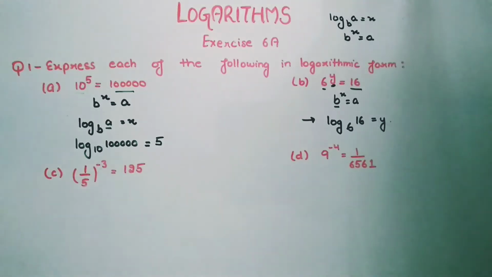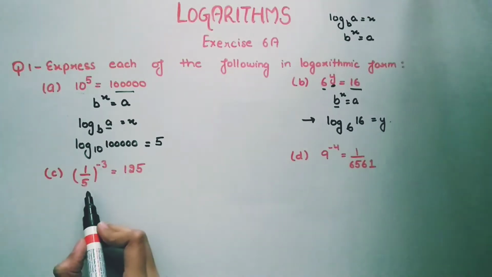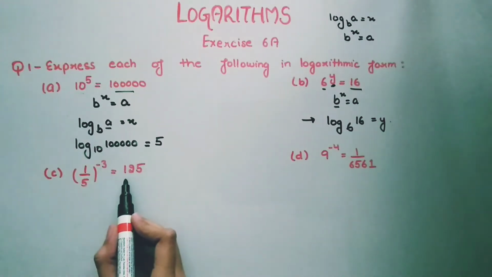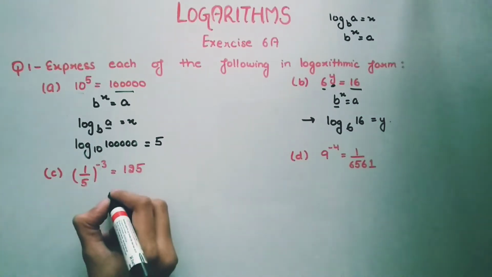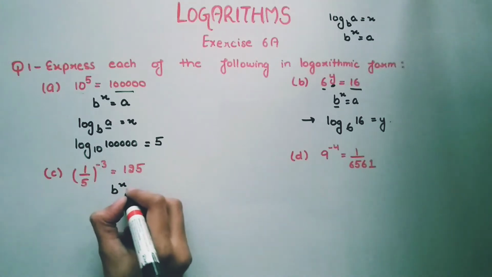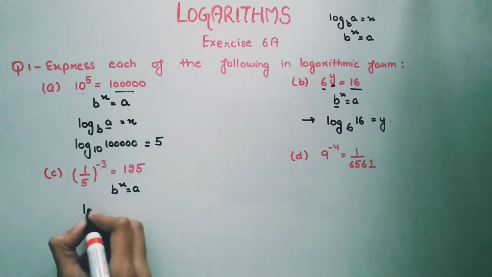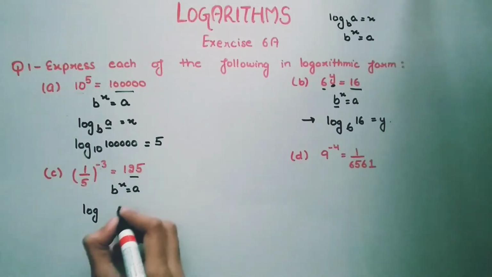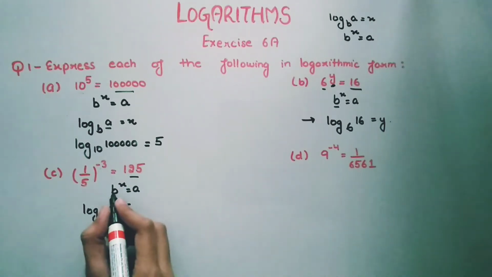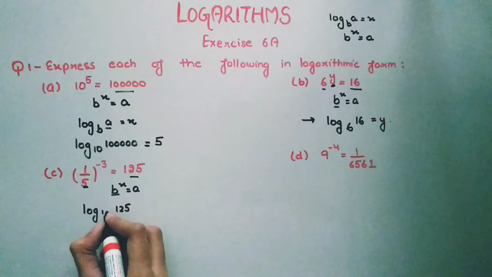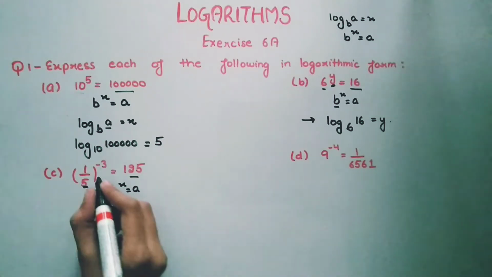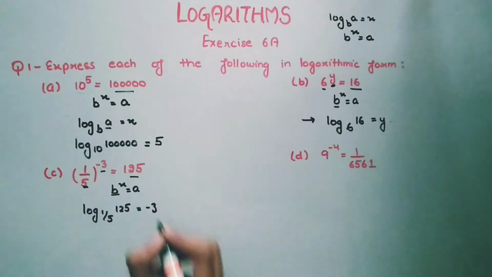We have the next part, that is 1 divided by 5 raised to power minus 3 is equal to 125. The form we have is the exponential form. We will change it into the logarithm form, that is log of a, that is 125, to the base b, which is 1 divided by 5, which is equal to x, that is minus 3.